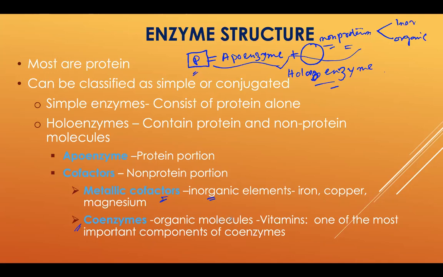Coenzymes means like vitamin B12. That's a very important and very active non-protein part of the enzyme. Okay, vitamin B12 most of the time works with enzymes, and that's how we can absorb. Basically, it helps in assimilation of different nutrient elements inside the body.